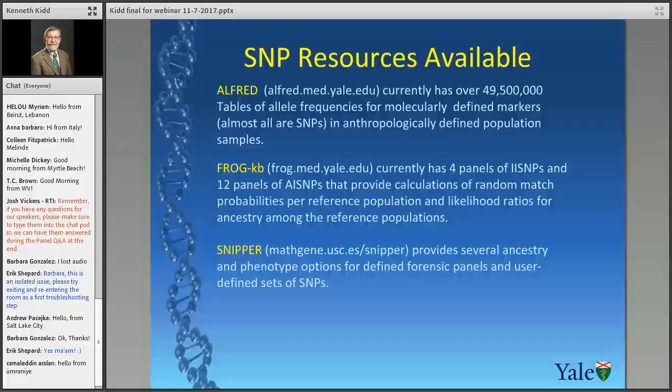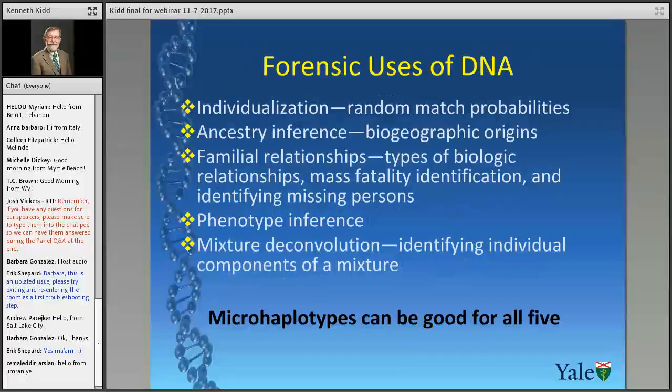I like pronounceable values, forensic research on genetics, knowledge base. It's also freely available. It has 4 panels of II SNPs, 12 panels of AI SNPs that allow calculations. SNPer is something that Dr. Phillips has worked with a lot, and he knows more about it, in fact, than I do.